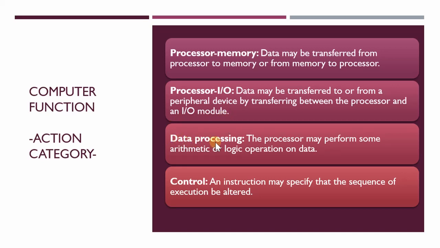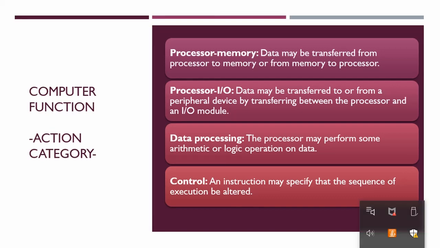The third one is data processing. The processor may perform some arithmetic or logic operation on data. And the last one is control. An instruction may specify that the sequence of execution be altered. So these are the general action categories that will be performed by the processor.